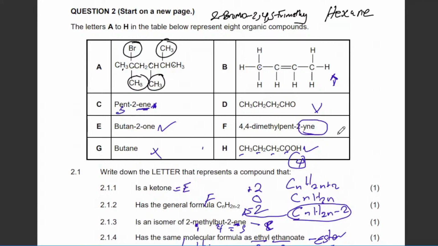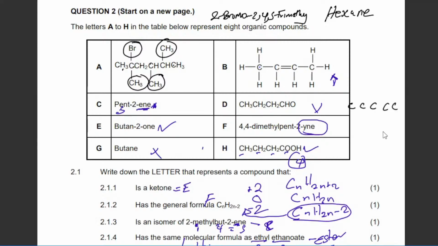Because some people just write it and some bonds are not shown, and you end up losing everything there. So it is how many? 1, 2, 3, 4, 5.